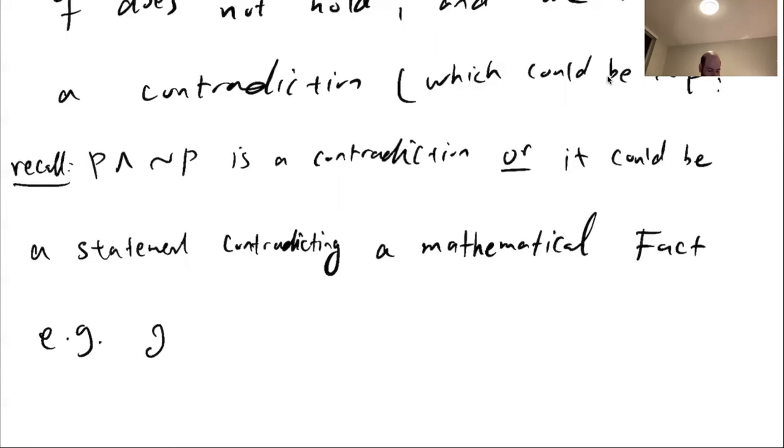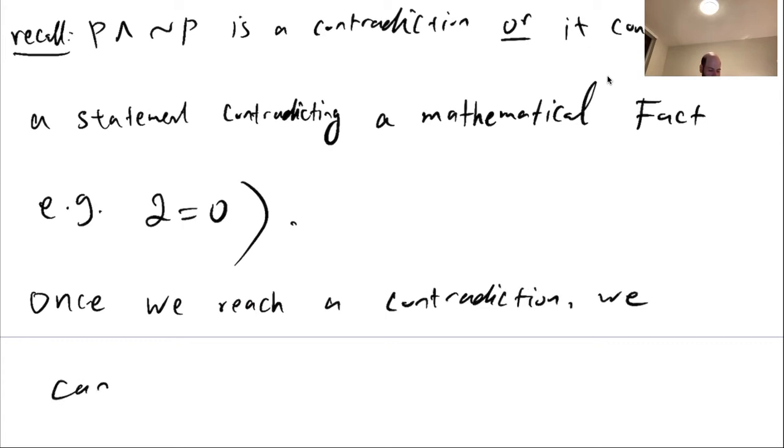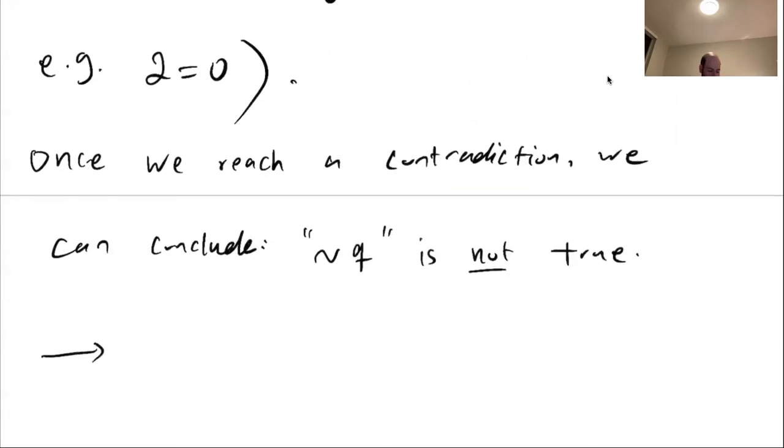For example, 2 equals 0. So once we reach a contradiction, we can conclude that negation Q cannot be true or is not true. And that means Q must be true.